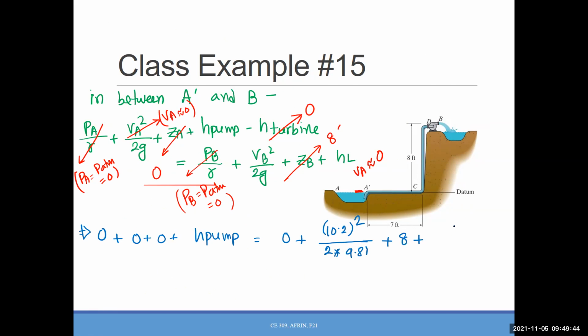Now for head loss, what is the way to calculate head loss? 8 times. But the pipe starts from this point, so the total length of pipe is 7 plus 8.